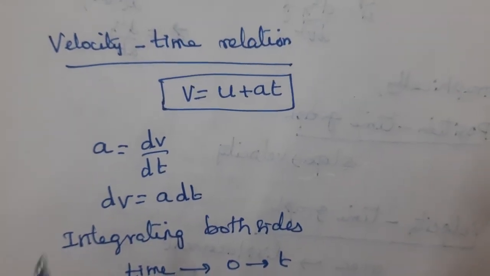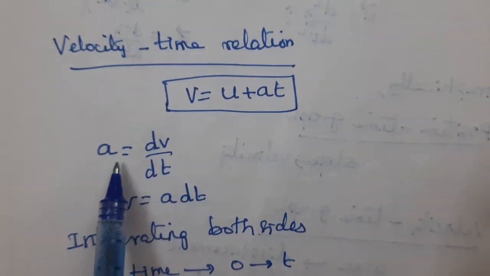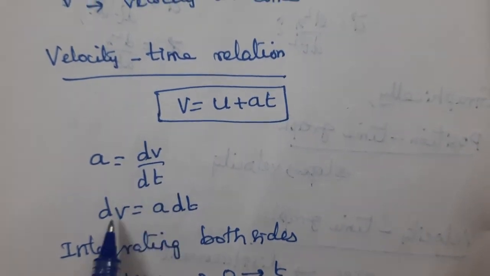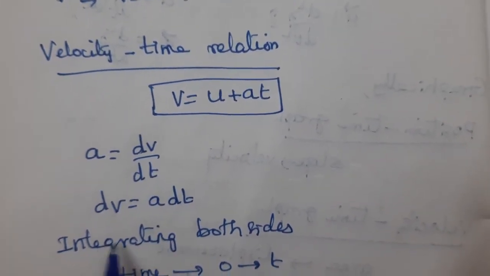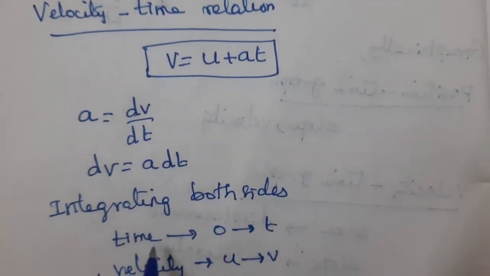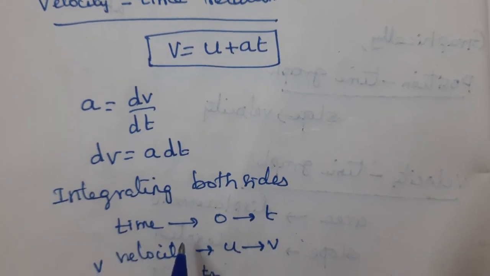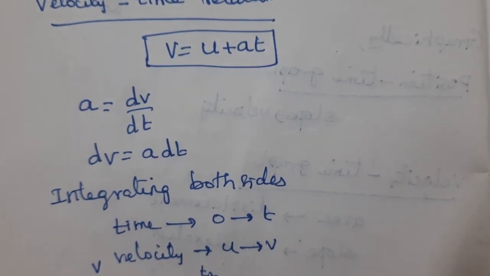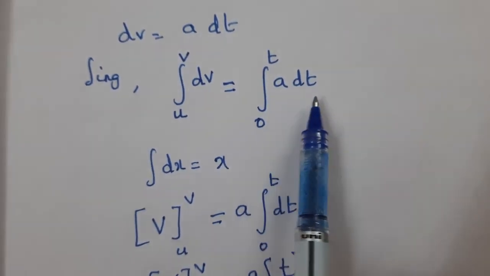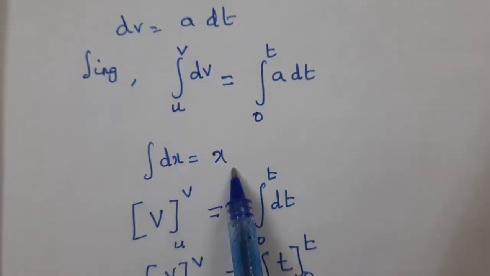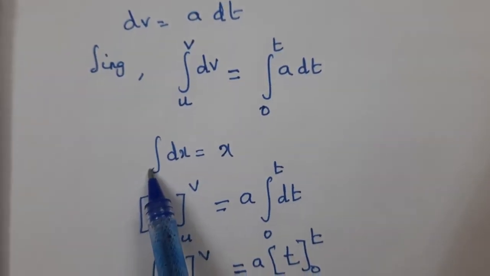Once again, listen, velocity time relation. We know a equal to dv by dt. So, dv is equal to a into dt. Integrating both the sides from time 0 to t, velocity u to v. So, integral dv from u to v equal to integral 0 to t a dt. Integration of dx equal to x, that is the integration formula.